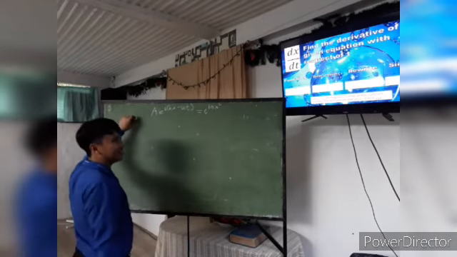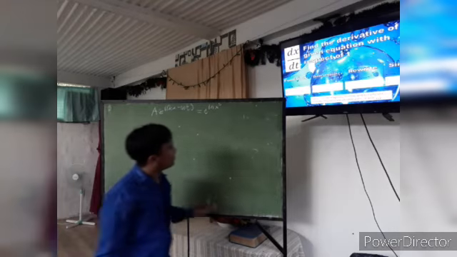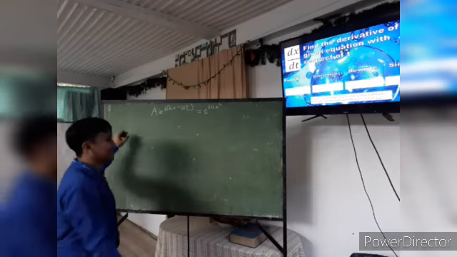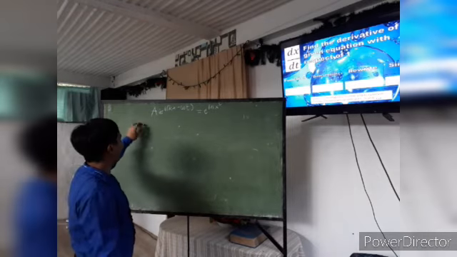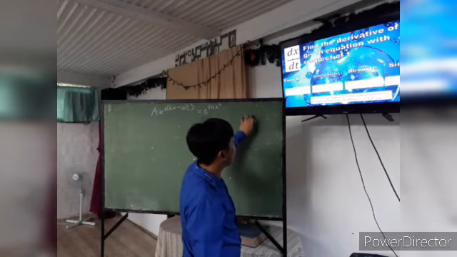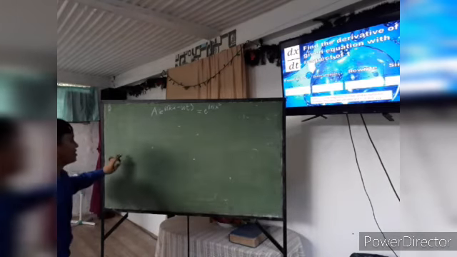Itong side na to ay galing sa wave function, example ng wave function sa quantum physics. Pero gamitin ko as example in implicit differentiation.